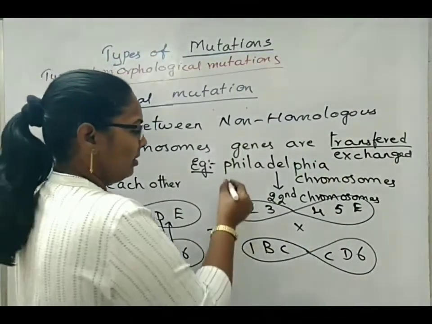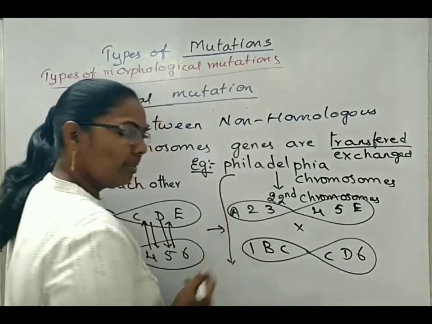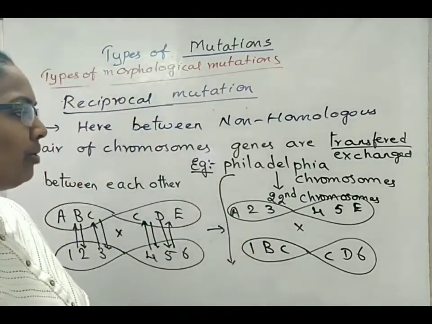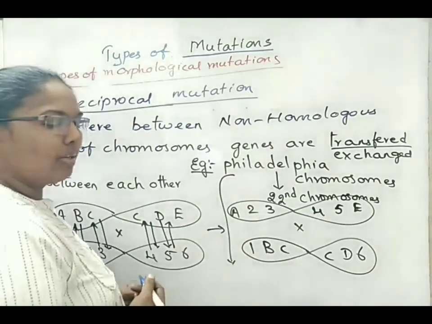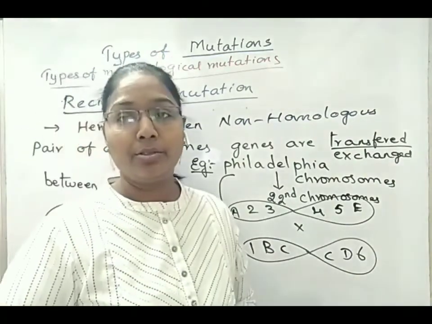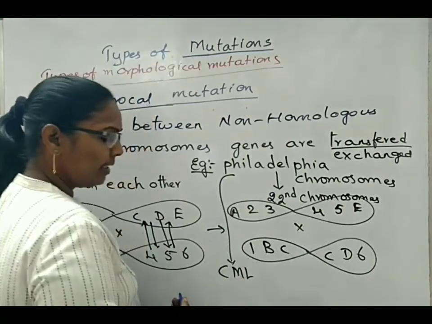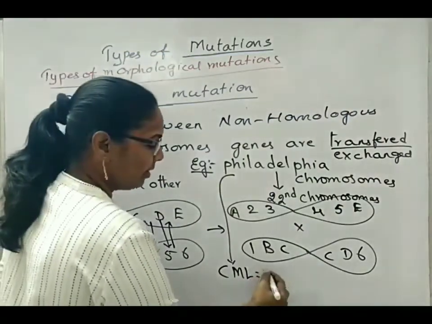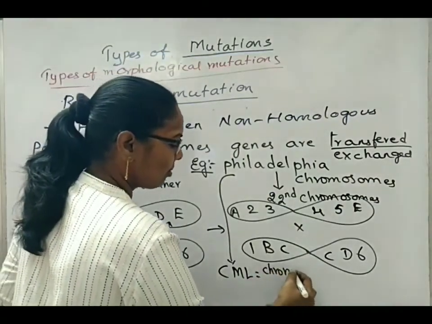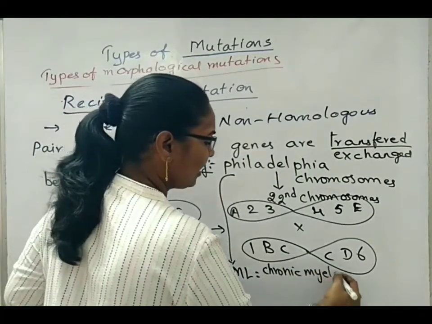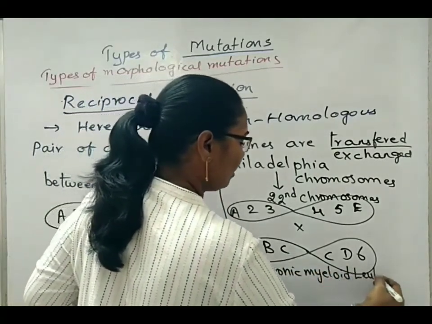Now, what type of disorder do these Philadelphia type of non-homologous chromosomes cause? They cause chronic myeloid leukemia, which we indicate as capital C, capital M and capital L. This is abbreviated as chronic myeloid leukemia.